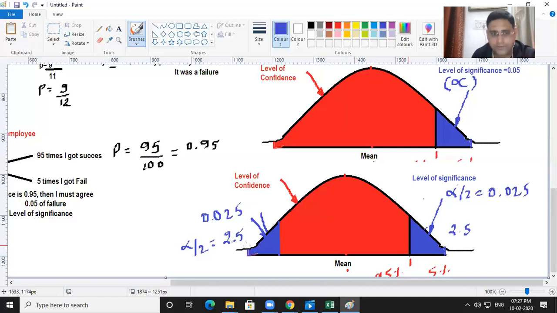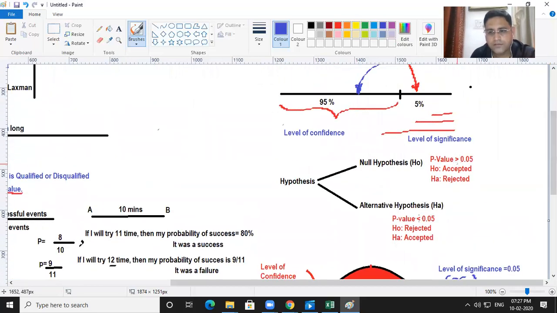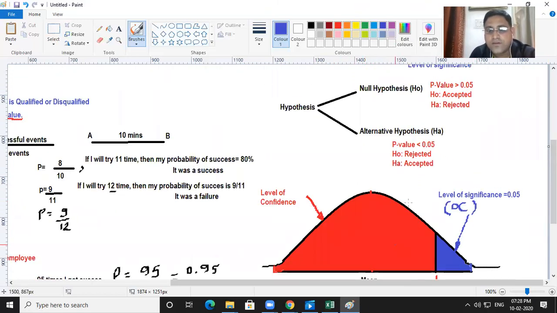So whenever my p-value is less than 0.05, it means the alternative hypothesis is accepted, and Lakshman couldn't do it. But if my value is greater than 0.05, then we are falling in this area, the level of confidence area.